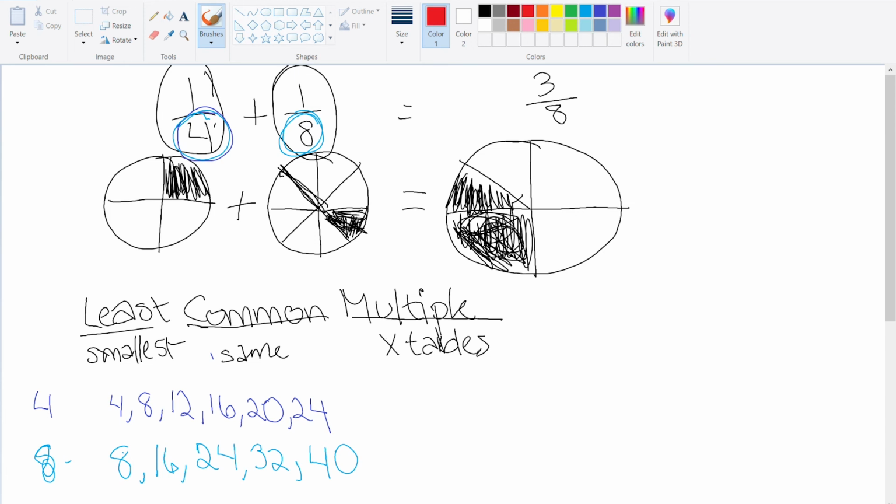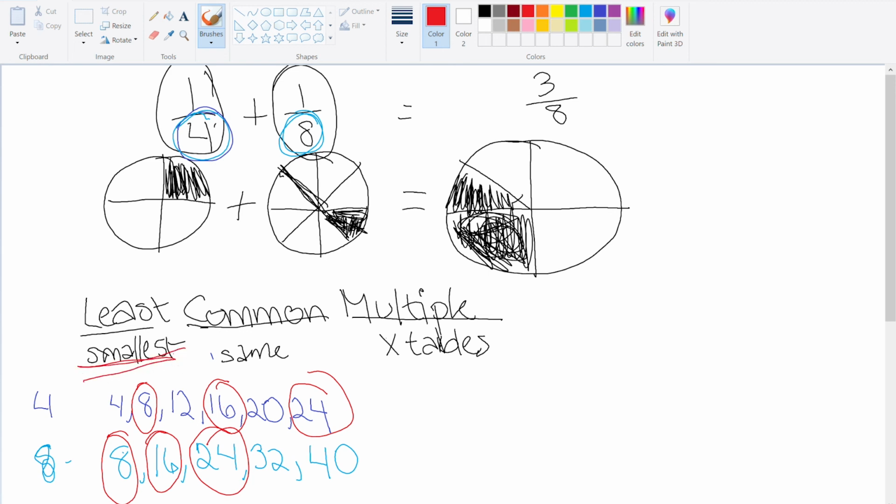So I'm going to circle all of the multiples that the 4 and the 8 have in common. So there's an 8 here, there's an 8 there, there's a 16 there, there's a 16 there, there's a 24 there, there's a 24 there. I can anticipate there are probably more multiples, but I'm looking for the smallest one.